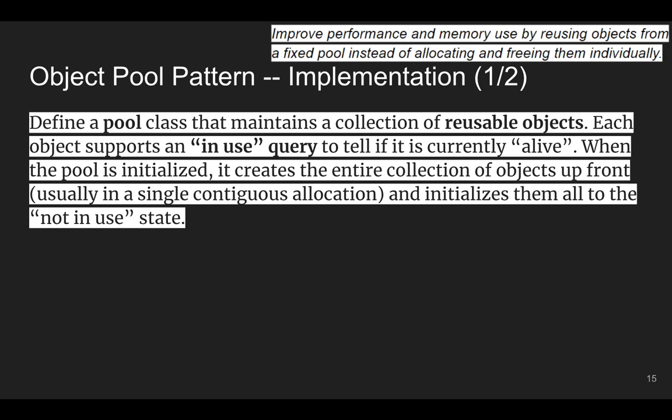So that's a hint to our data structure. And it initializes them all to the not in use state. Okay. So what this sounds like to me is it's just making a giant array of things. Okay. And there's some extra attribute saying, is this being used or not? Okay. And then you have a pool of those things you can grab from.